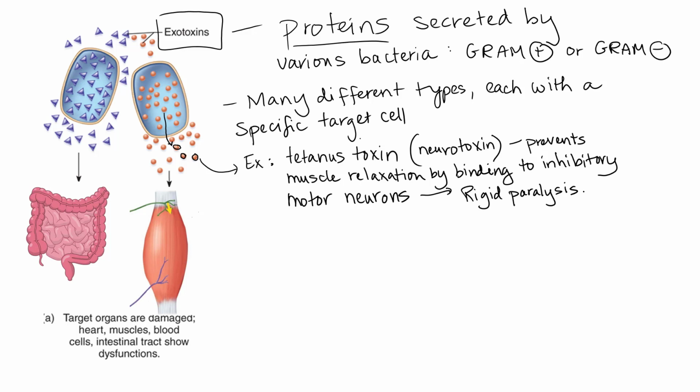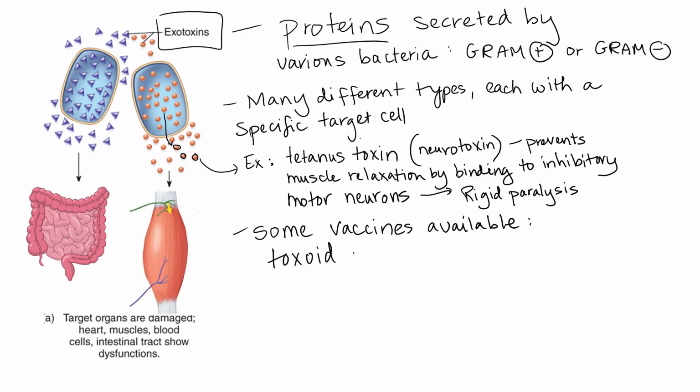The good news is, for many exotoxins, there are vaccines available. Well, we'll just say some vaccines available for specific exotoxins. So there is a tetanus vaccine, and these are called toxoid.